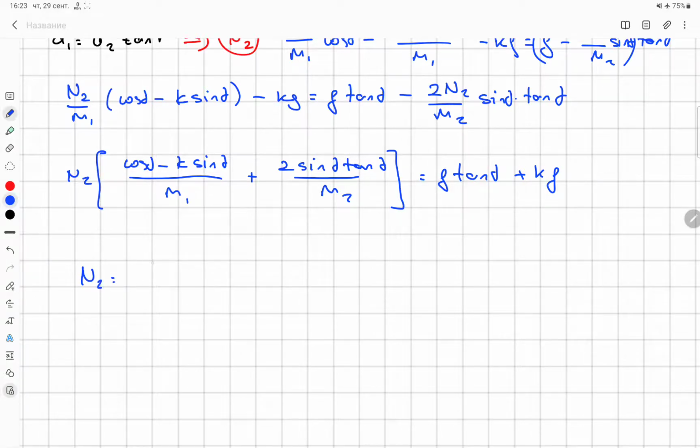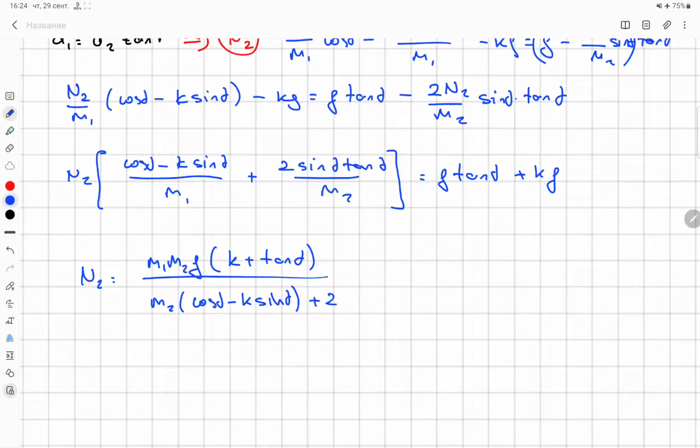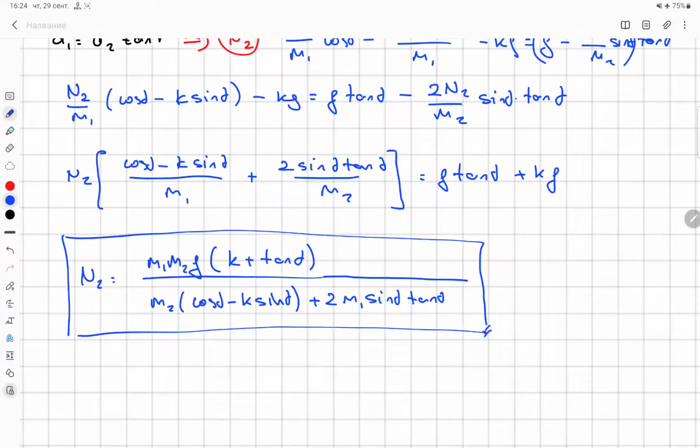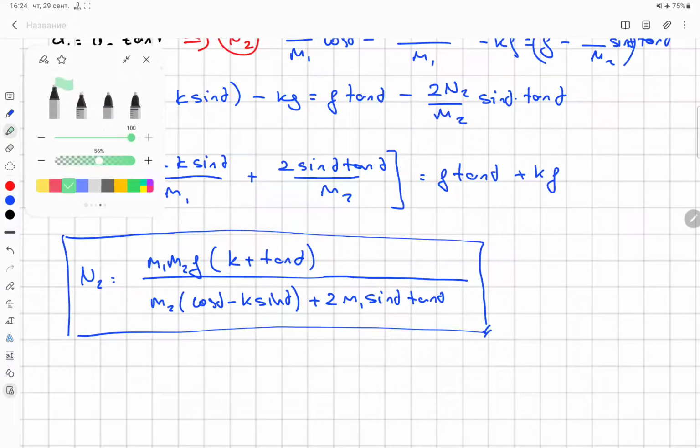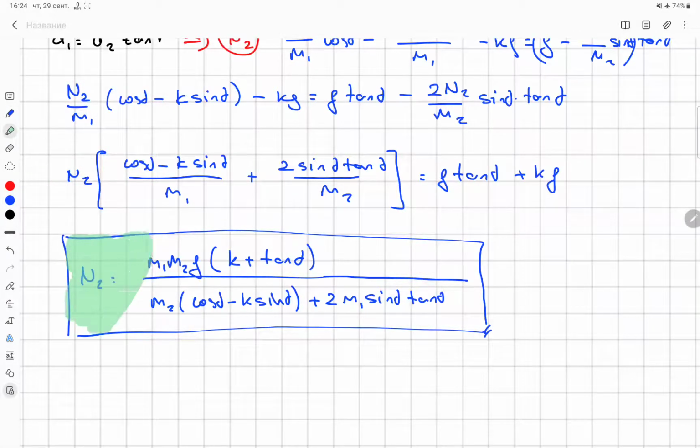From here, n2 equals m1 m2 g (k plus tangent alpha) divided by (m2 cosine alpha plus m1 sine alpha), roughly. So this is n2. Let me leave it like this. You can further simplify it. It's just a matter of time.